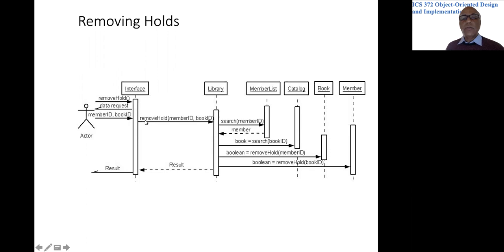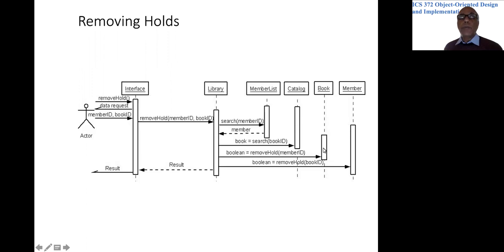Then we invent one more method for the library class that gets the member ID and book ID as parameters and removes the hold connecting these two. As usual, we make sure that the member is present with that member ID, and we get the book object by searching the catalog. Then we need to remove the corresponding hold objects from both the book and the member.